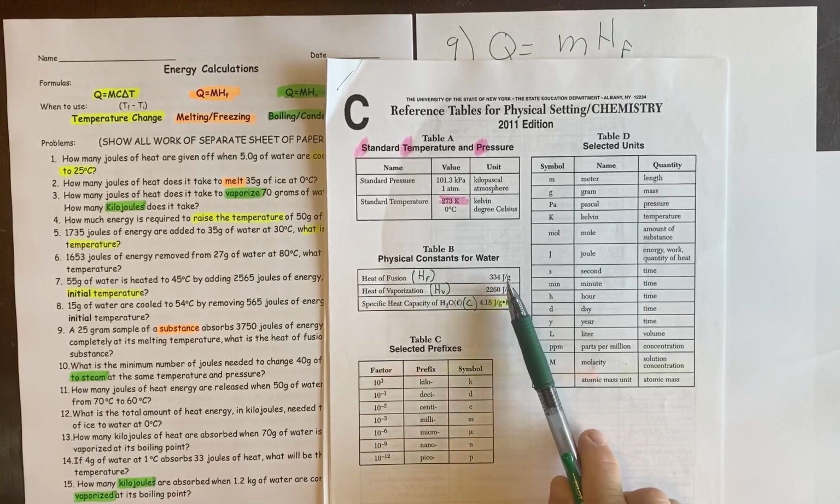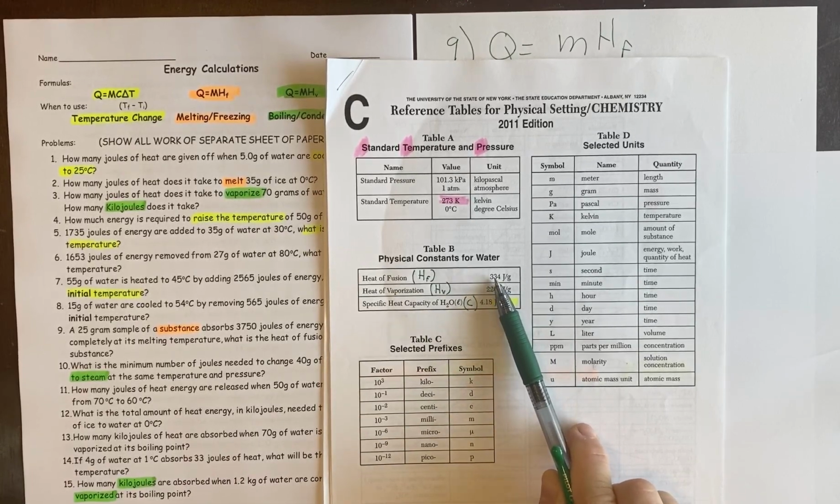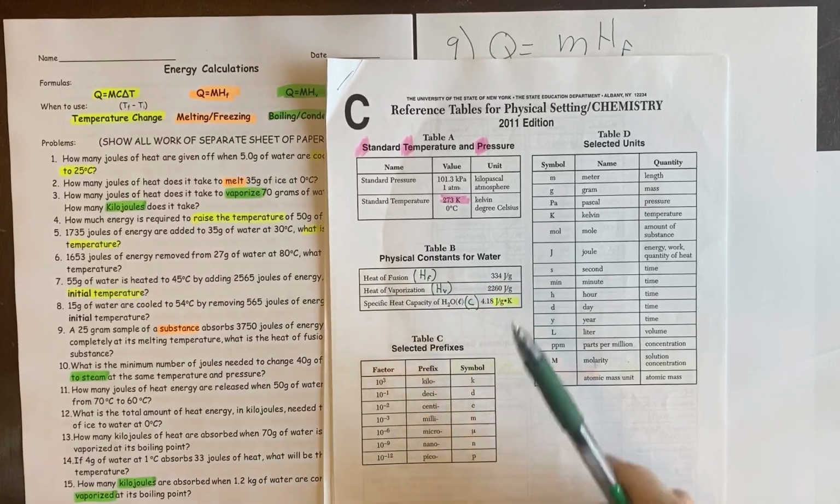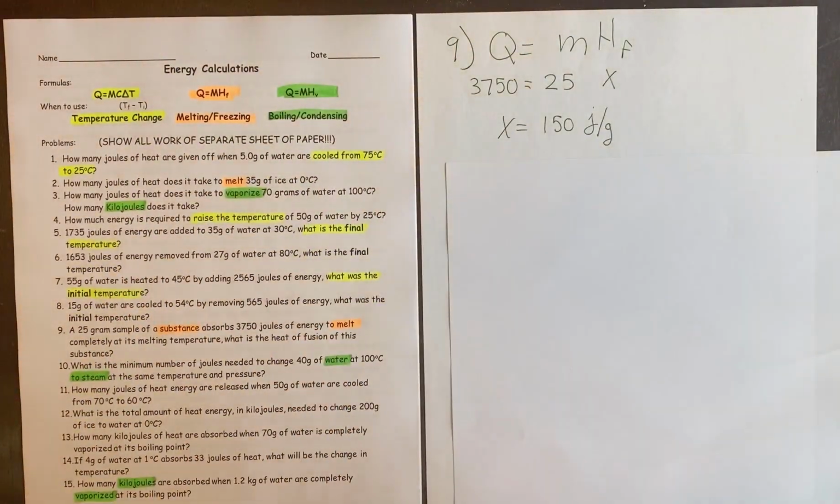So while not every substance has the same number, every HF for every substance has the same units. So I can just grab the units from the HF number for water and write them in. Okay, so there's number 9.